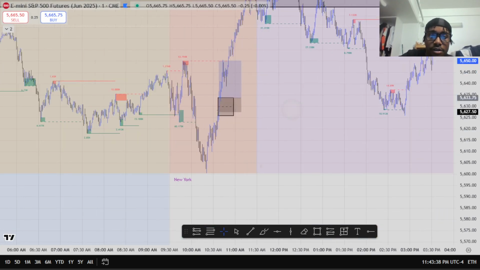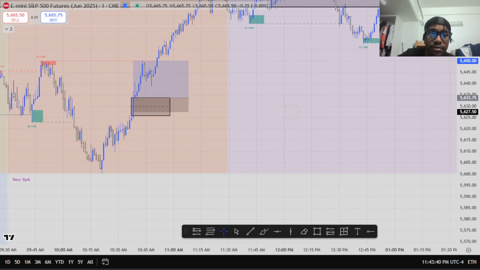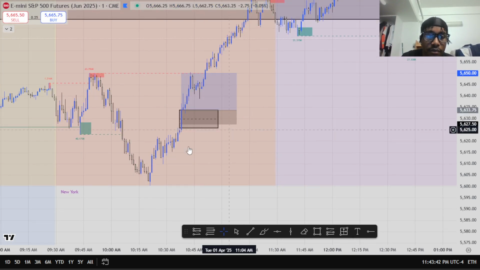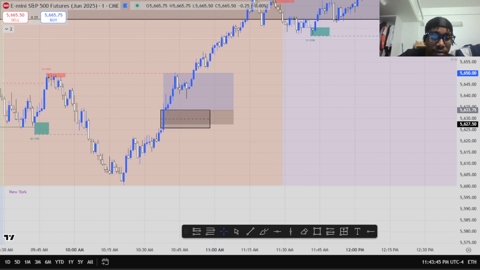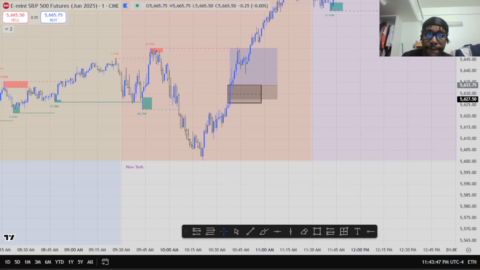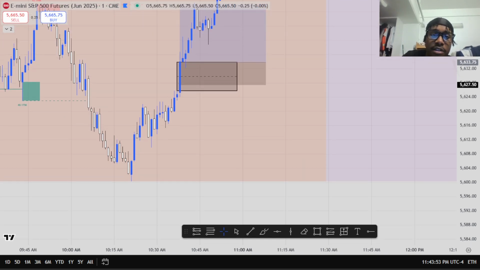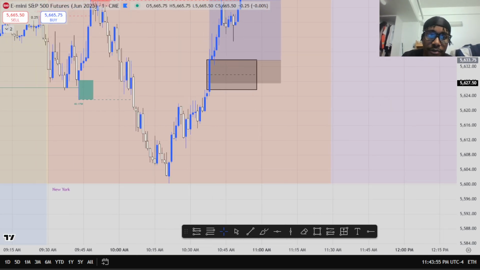Knowing that my bias is bullish, what did I want to see? The first thing I wanted to see was some displacement higher, placing the SMT with ES. So we displaced higher, placing the SMT with ES. Keep in mind, I am using other time frame confluences, but I'm not going to go back deep into that.